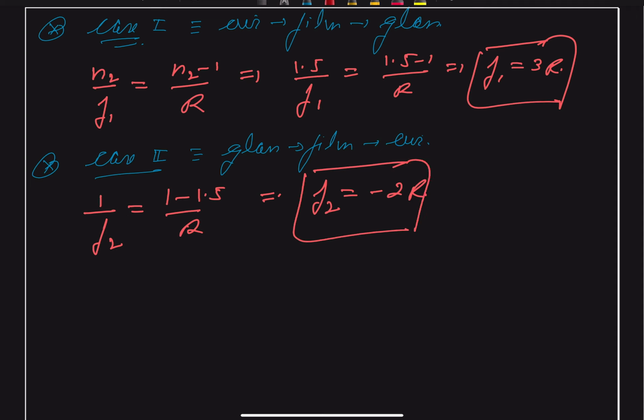In the options we are only interested in magnitude, so we can say F2 is equal to twice R, because they have used a modulus.